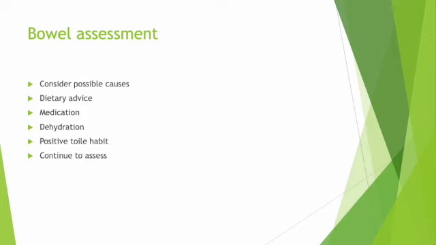And for dietary advice, then of course for constipation, we will advise the patient to have a high fiber diet. But for diarrhea, we will usually advise the patient to reduce their fruits and vegetables, to reduce the fiber in their diet.